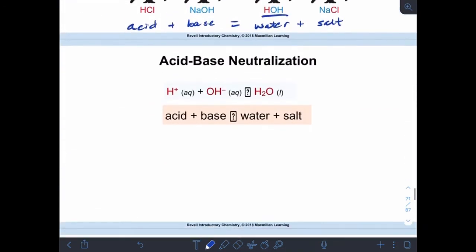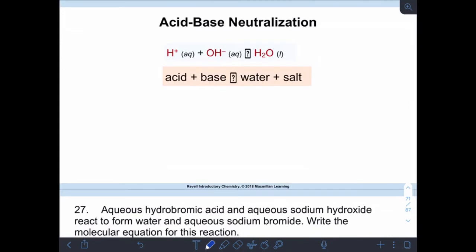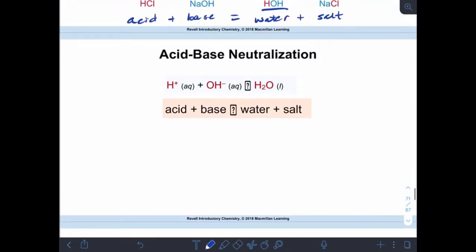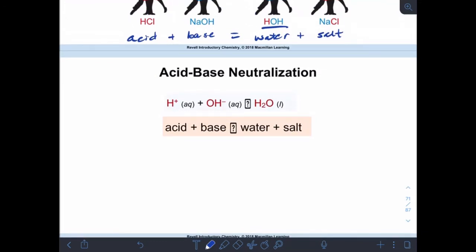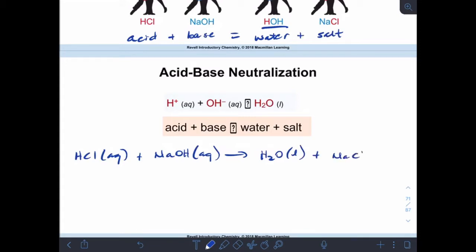All right, so let's take a look at how that works. This is how we get the water, because let's take apart the acid-base reaction up here. Here's the reaction that we showed on the previous slide.